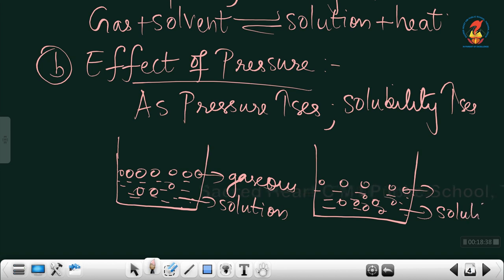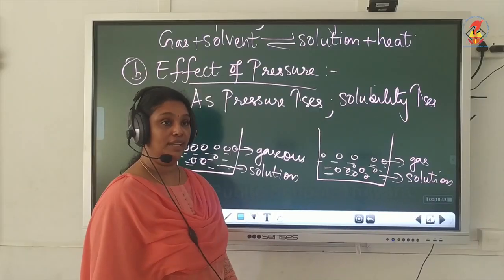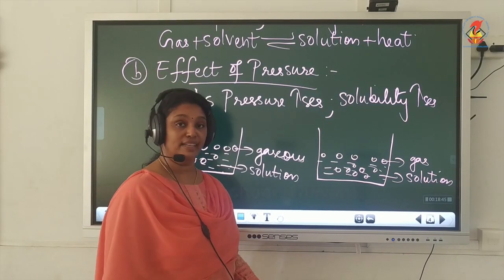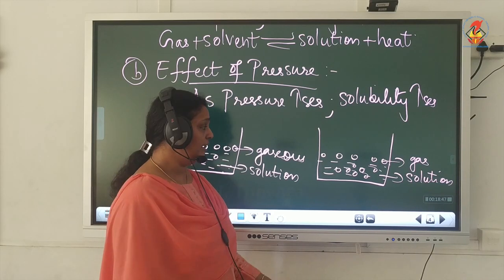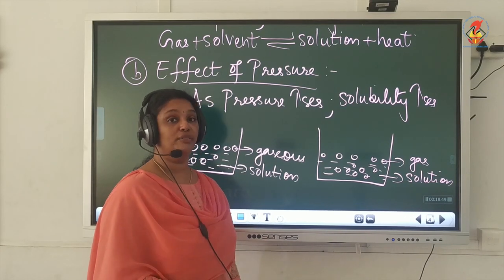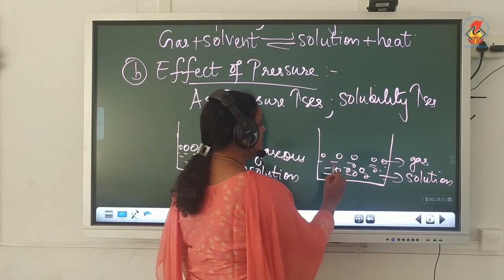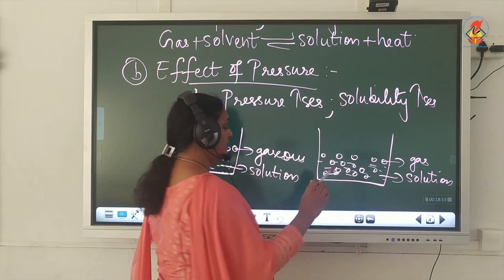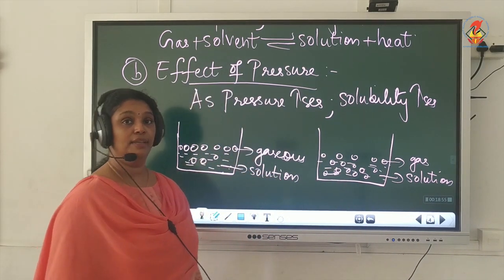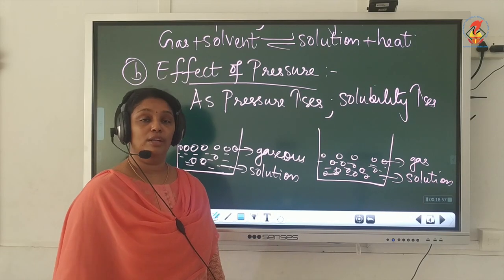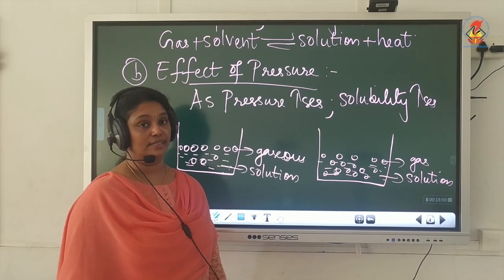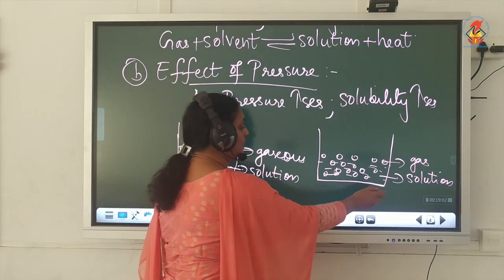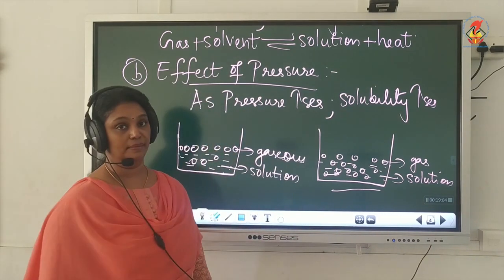When I increased the pressure, more gas particles went into the solution. So you can see as pressure increases, the solubility of gas in liquid increases. And finally, a new equilibrium is established in this container.